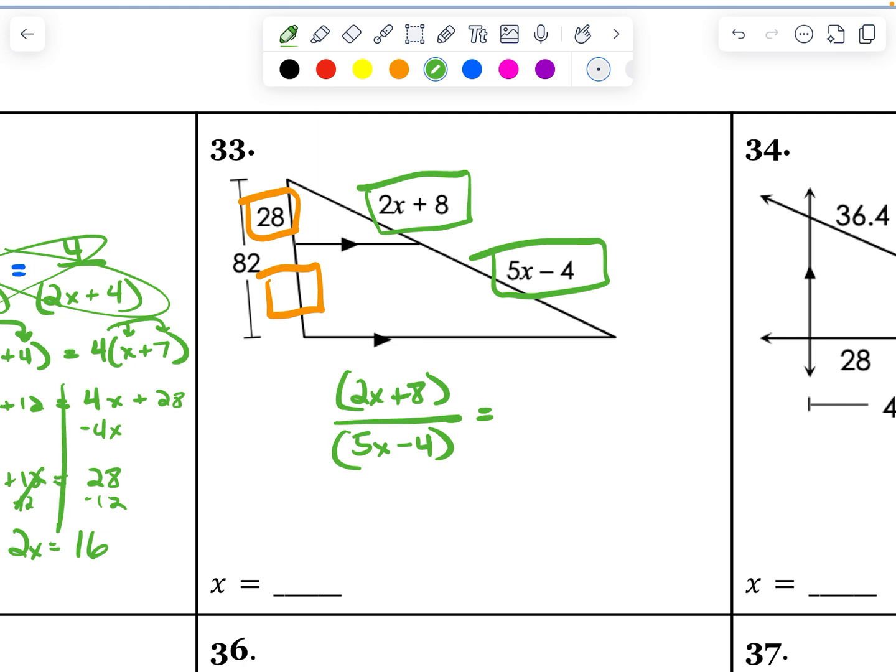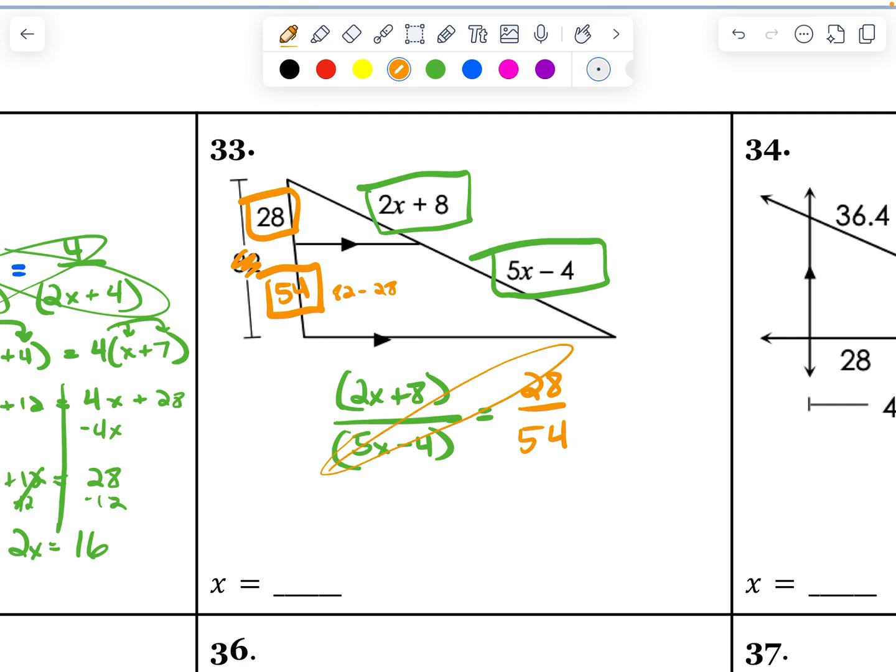How do I figure out that other piece? Well, I'm going to have to do 82 minus 28. 82 minus 28 is 54. So now I don't need that 82 anymore, so I'm crossing it out so I don't forget. And then I did top over bottom, so it's 28 over 54.